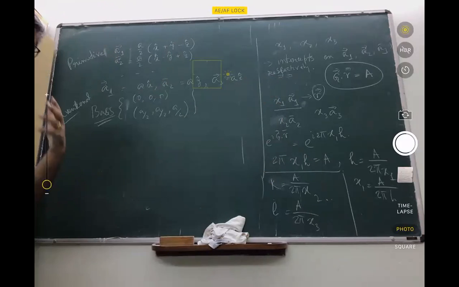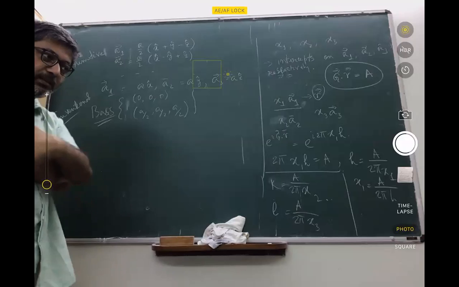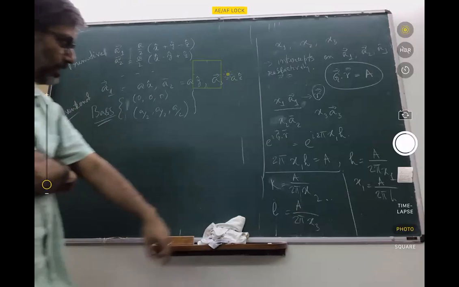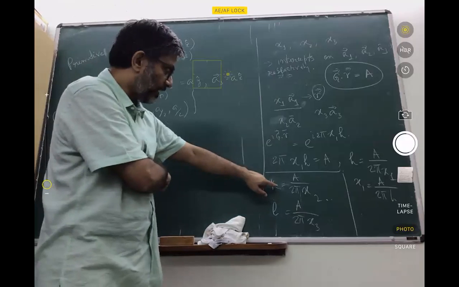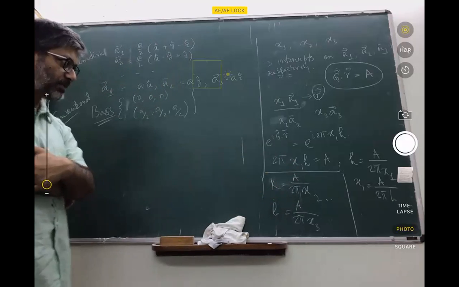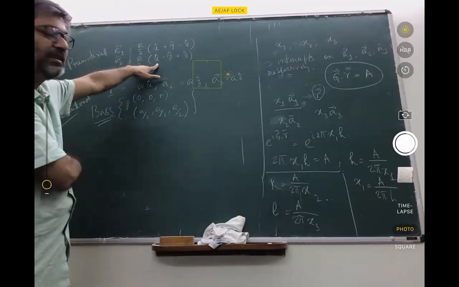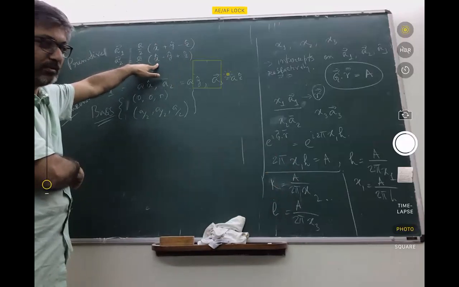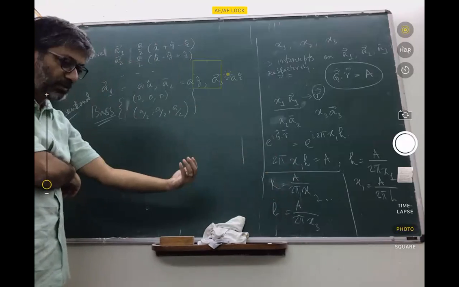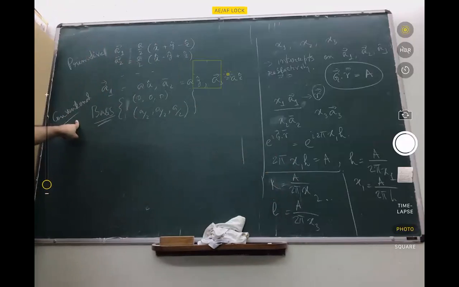So when one talks about the Miller indices of, let's say, FCC or BCC crystals, one typically does not mean these x1, x2, x3 to be the intercepts on these set of a1, a2, a3. No, they are taken to mean intercepts on the conventional cubic axes.